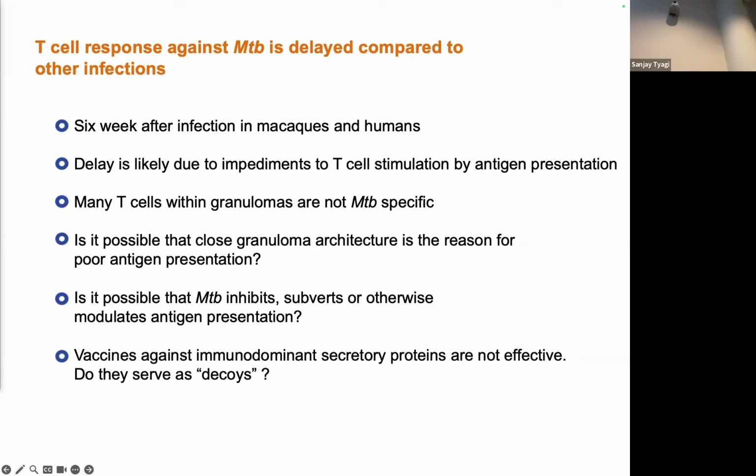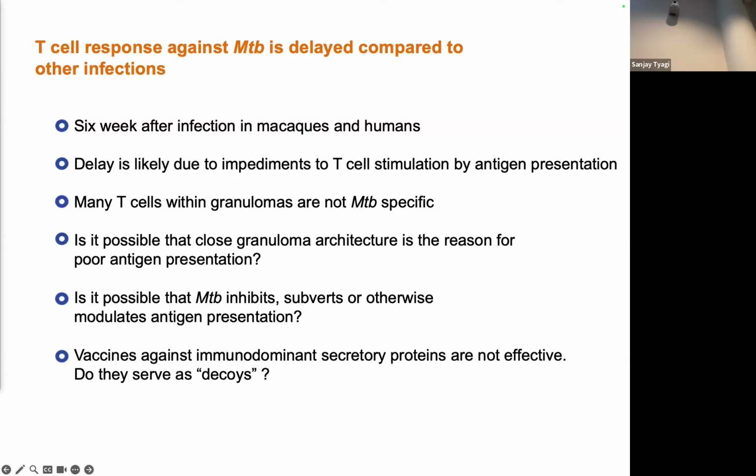In fact, there are a number of these theories that I'm listing here. The granuloma organization itself could be the source of delayed T cell response. So imagine that the granuloma is hiding the cells that initially confronted the TB, and that structure physically prevents the T cells from getting in where they need to get in.